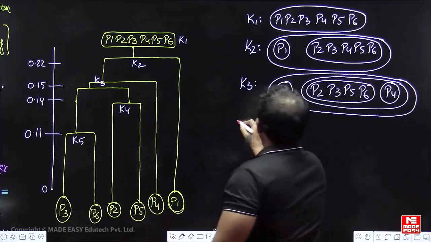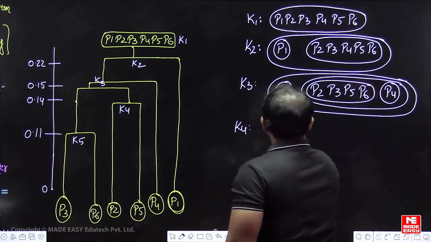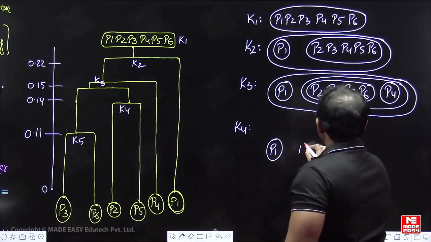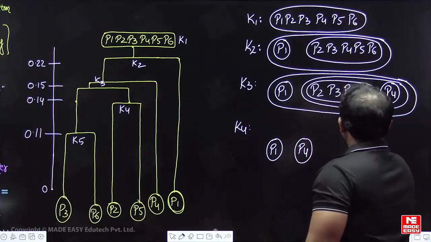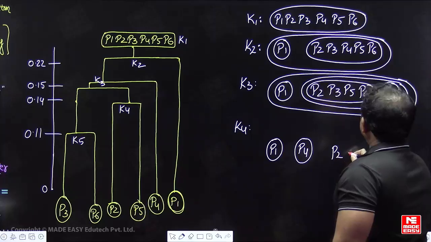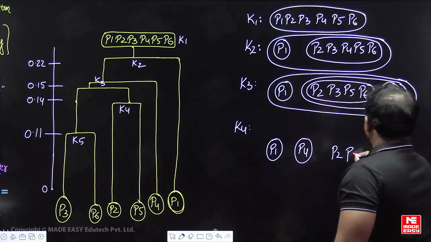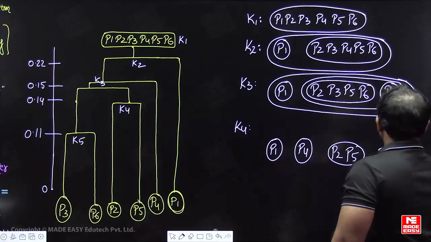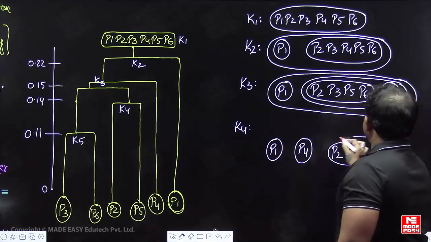Okay. Now K4. P1 is already present. Okay. P4 is already present. Now this is what? P2, P5 become one cluster and P3, P6 become another cluster. Like this.